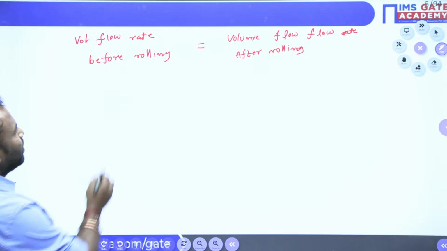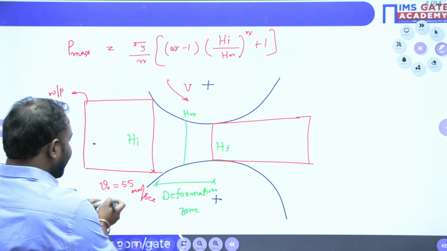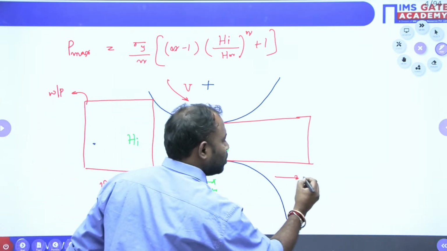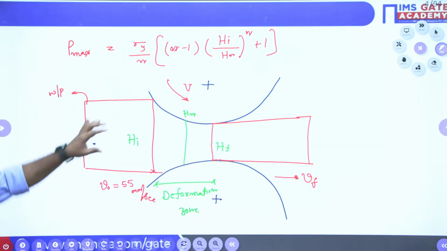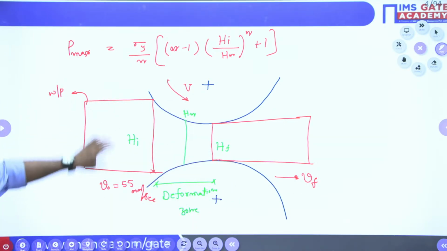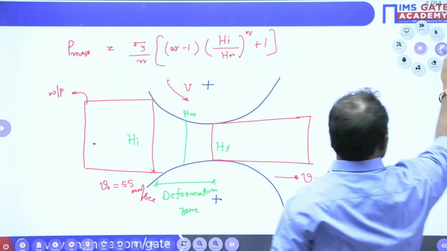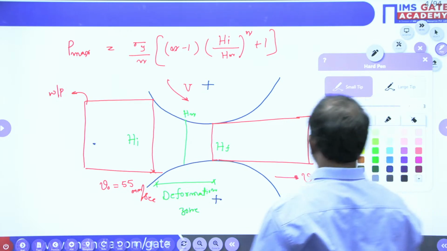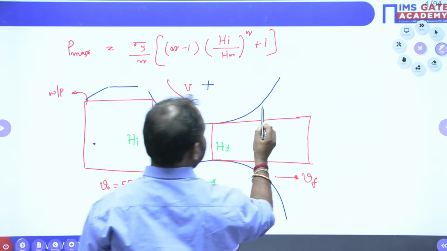Now, what is volume flow rate? How can we write it? Let me go to the previous figure. Here is V initial, and the velocity of the workpiece after rolling is Vf. If I draw the width of the workpiece, it would be like this.